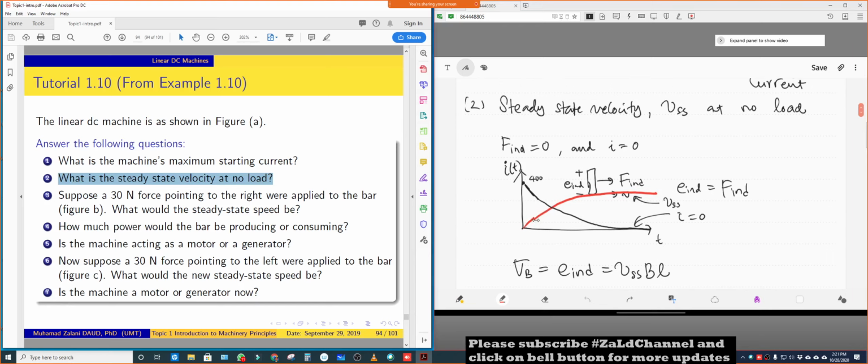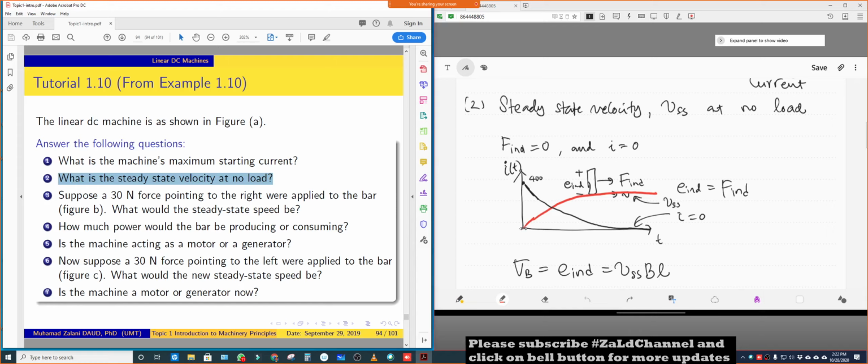The speed will increase up to some time, then it will be constant, which we call the steady state speed, VSS.